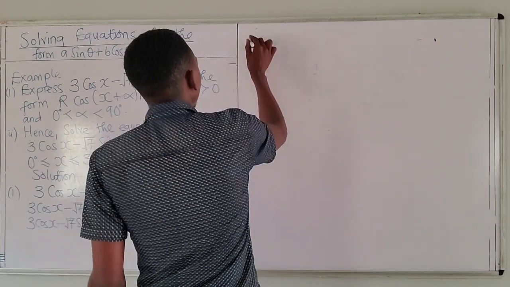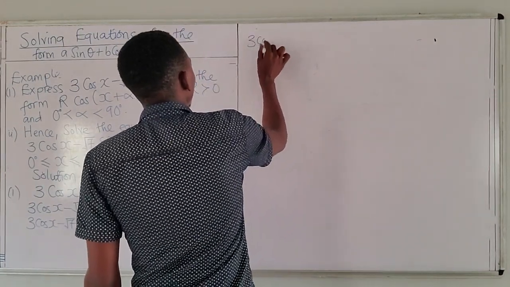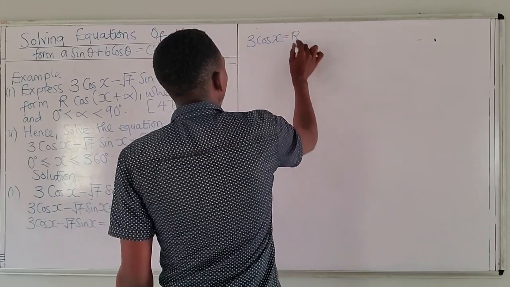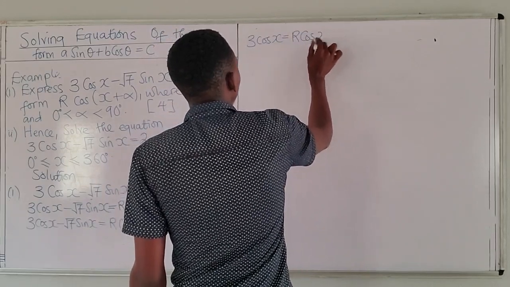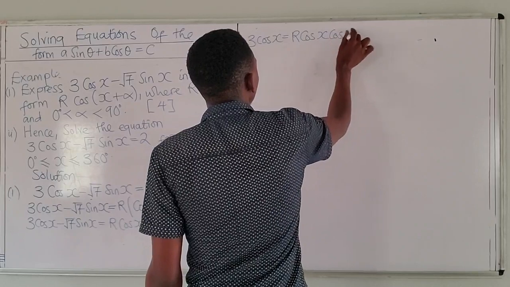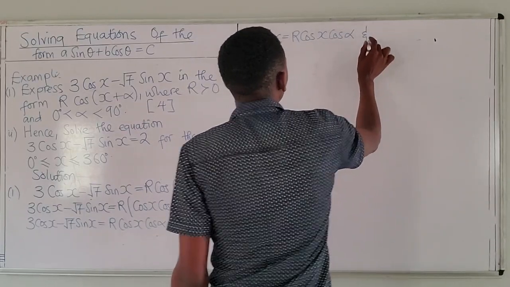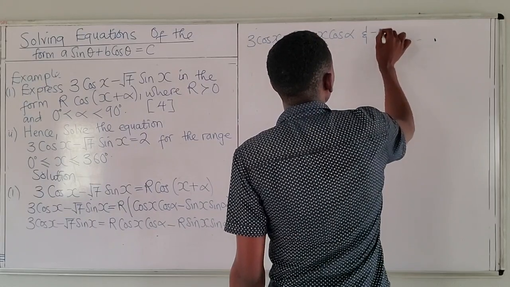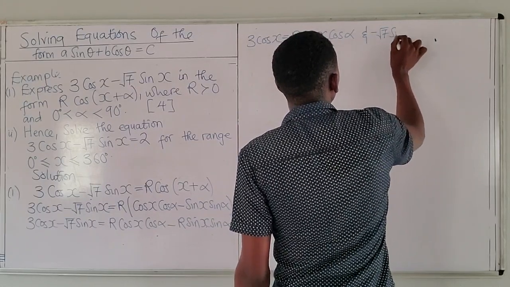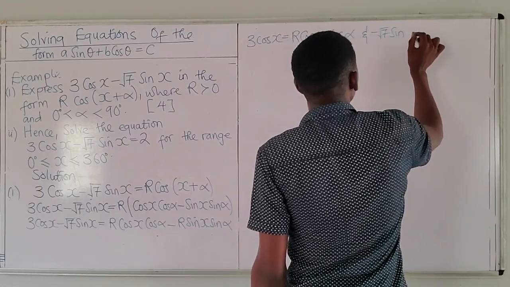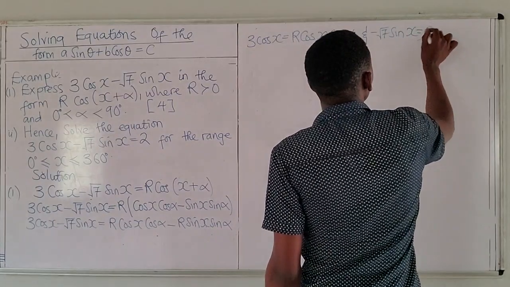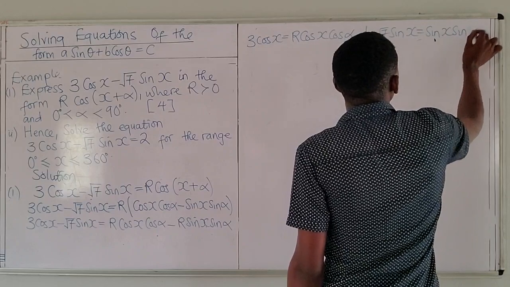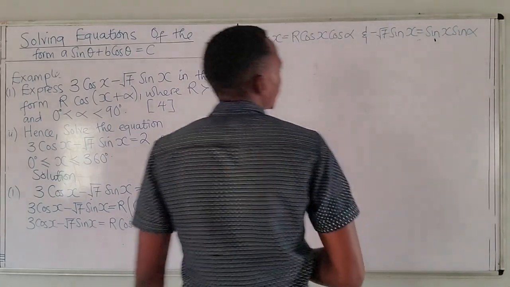So this will now be 3 cos x is equal to r cos x cos alpha, and negative root of 17 sin x is equal to r sin x sin alpha.